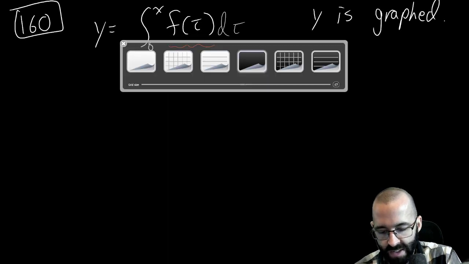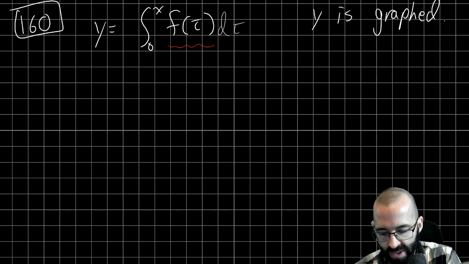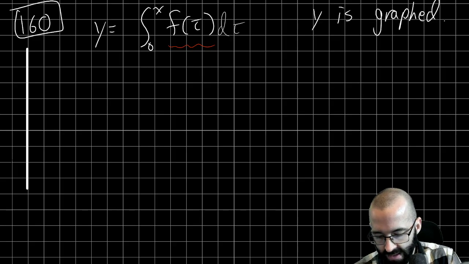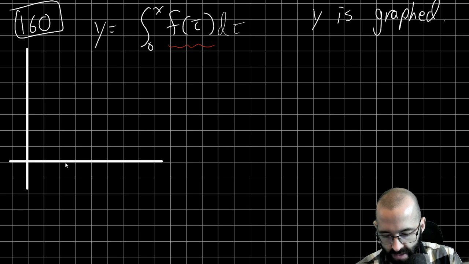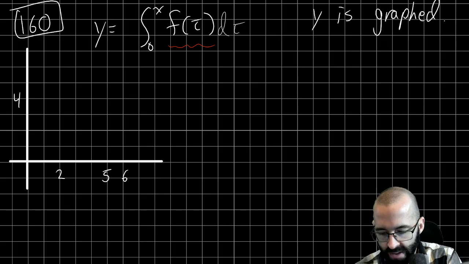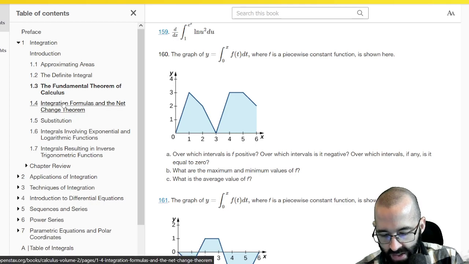Okay. Specifically, I need to actually remember to use the graph paper. And we're going up to 4 and up to 6. All right. So 1, 2, 3, 4, 5 is here. 6 is here. And then 1, 2, 3, 4. 4 is right here. We're starting at 0, 0. And then we're going to 1, 3.